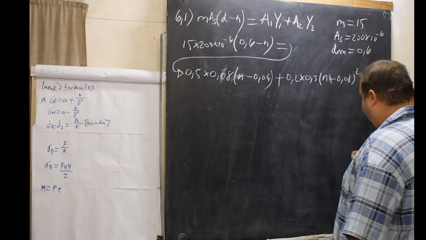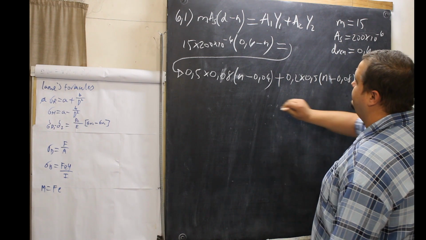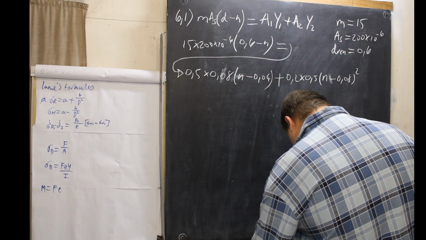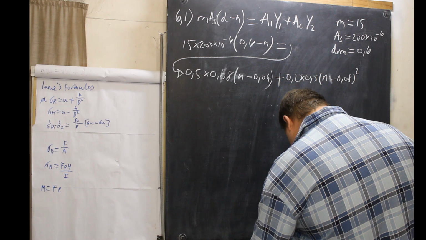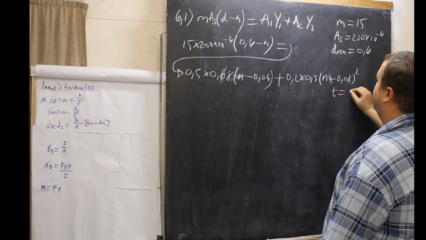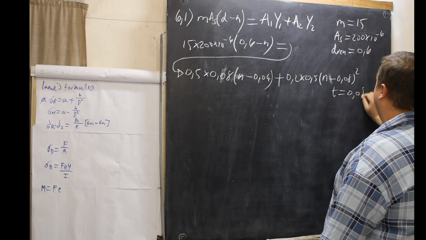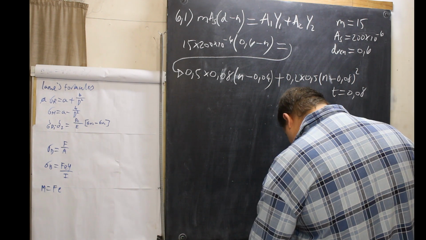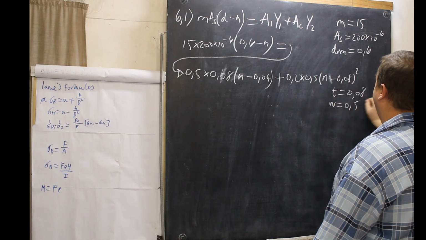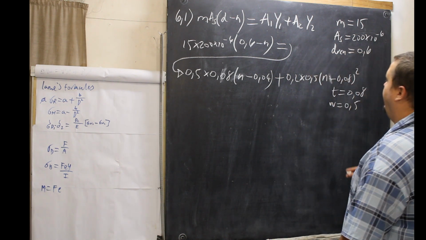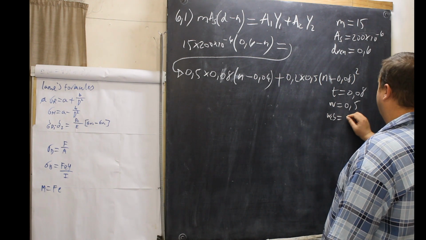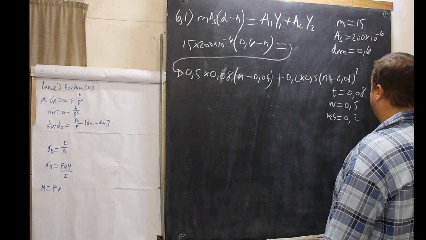What we have here is the 0,08 is the thickness of the flange. So thickness is 0,08, 0,5 is the width, and also the web is 0,2.